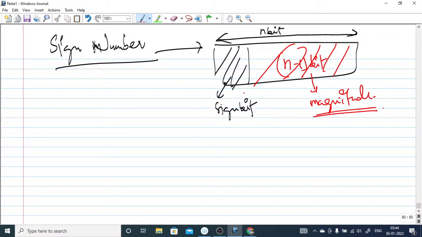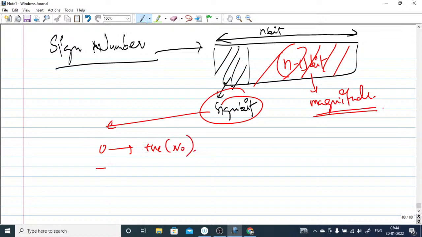And remember what the sign bit is in binary. 0 represents positive numbers, and 1 represents negative numbers.